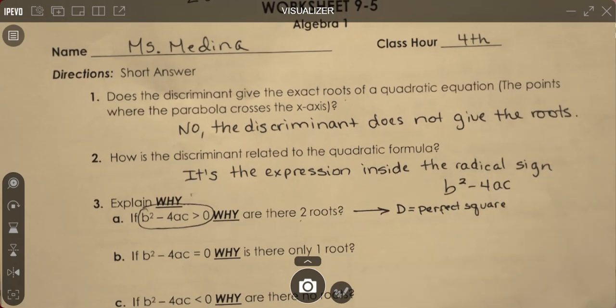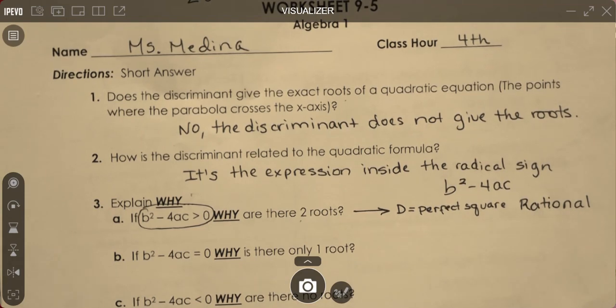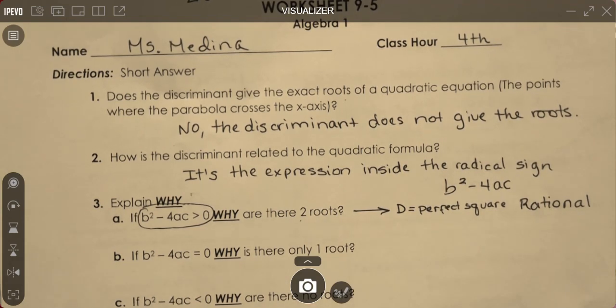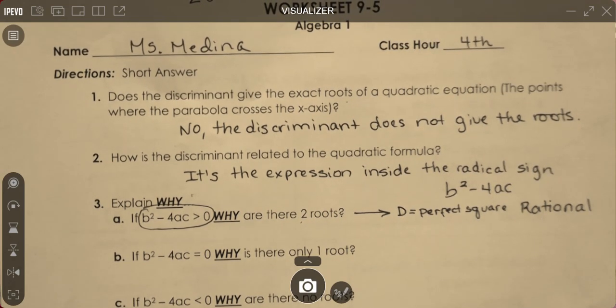A perfect square is going to be a rational number because there's not going to be a radical sign. Once we take the square root of that perfect number, the radical sign is going to go away, so our number is automatically going to be rational.